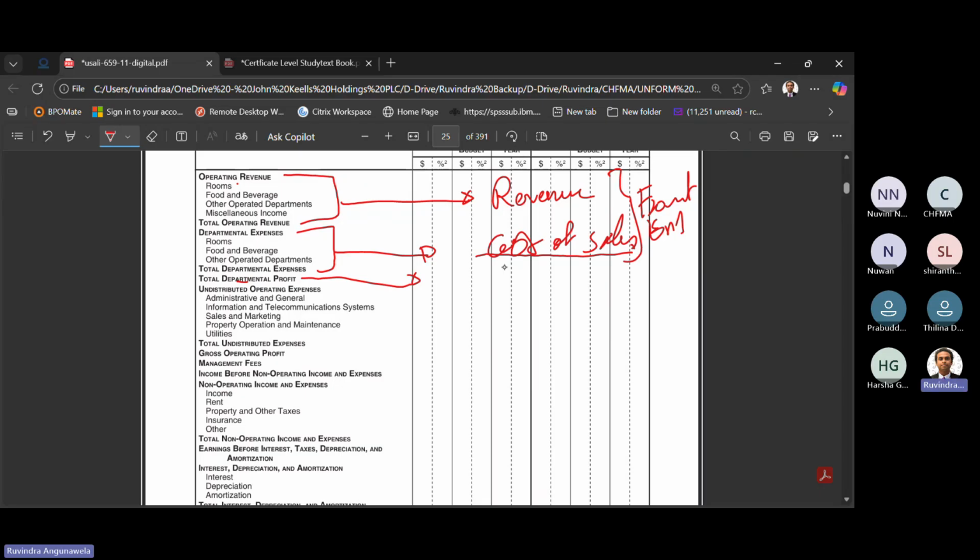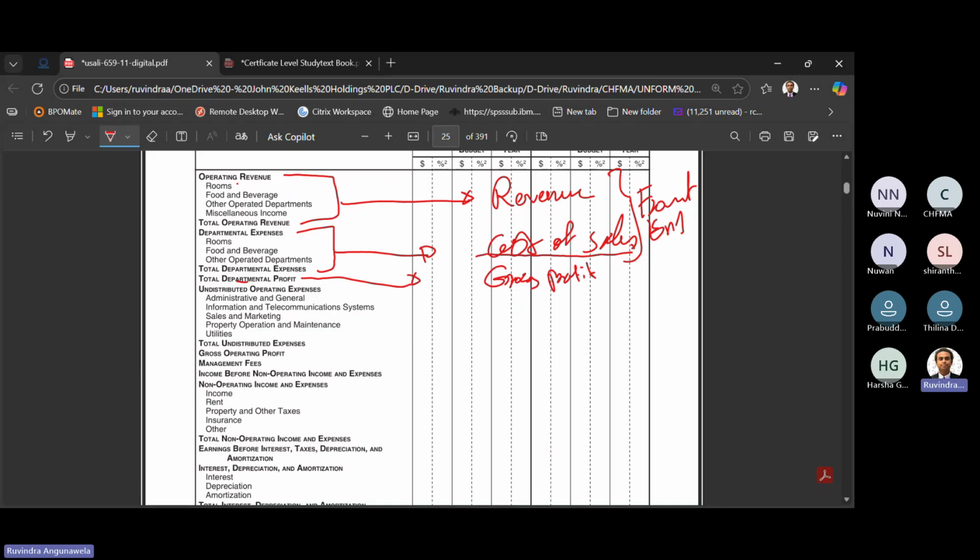We learned about the gross profit last time. So these are interchangeable names that are used by different disciplines. We normally refer to gross profit or loss, but here it's referred to as departmental profit. Okay, fine.